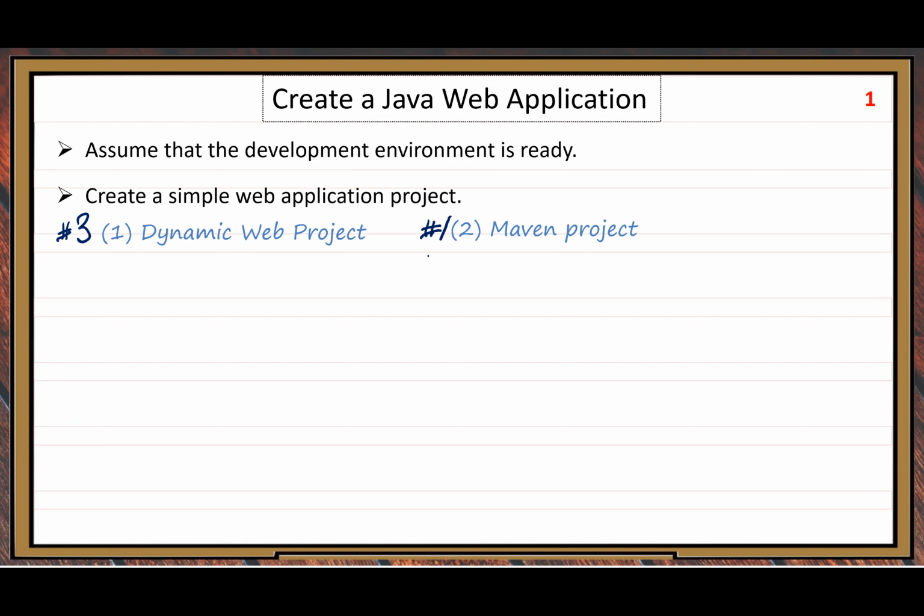After our first project, I will introduce the Maven project for our second project. The first project, we use a dynamic web project. The second one, because this Maven project is more important, I will introduce it for our second programming project. So you can practice both ways.